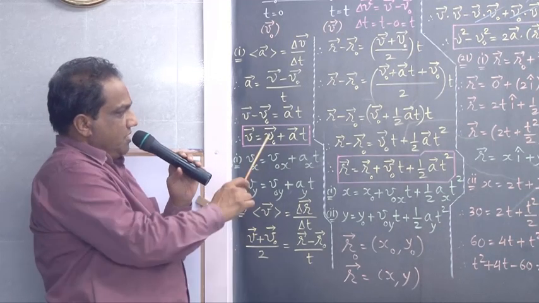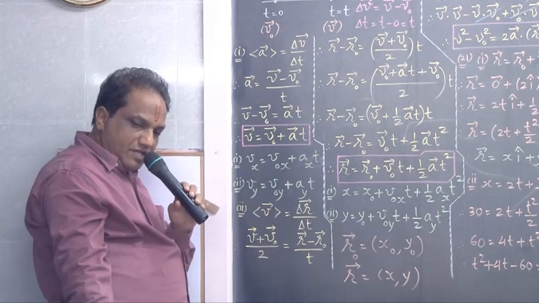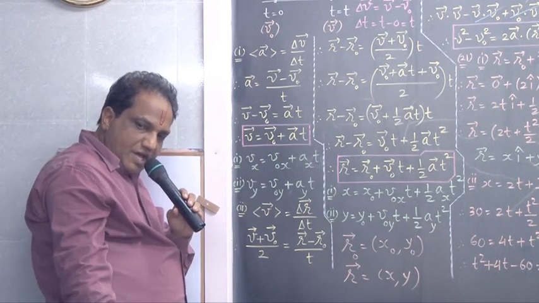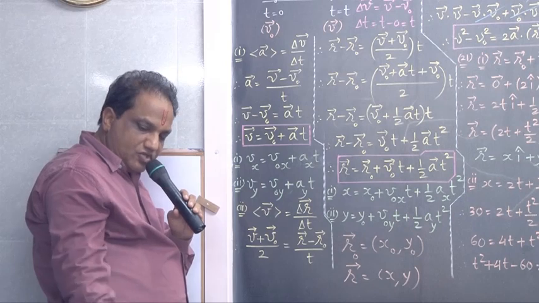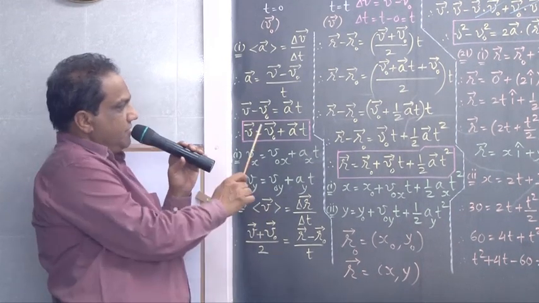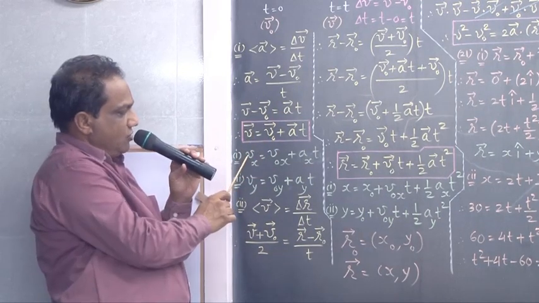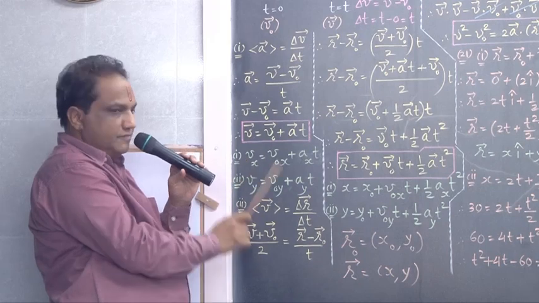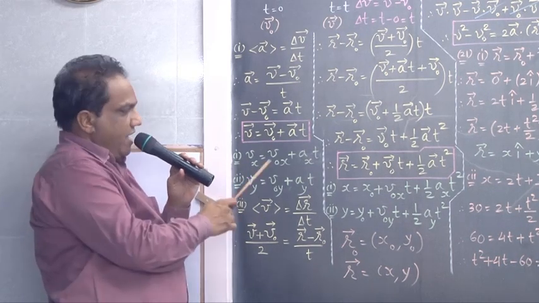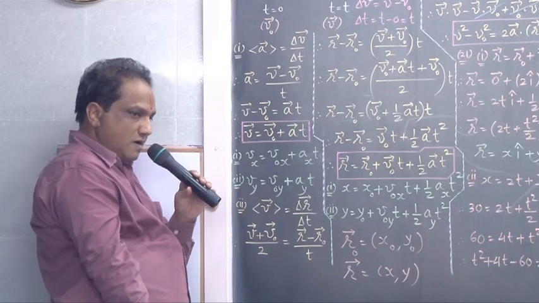What you should do is simply delete the vector sign. Wherever it is a vector quantity, first write the x component and then the y component. Instead of v, I am writing vx, the x component of final velocity.